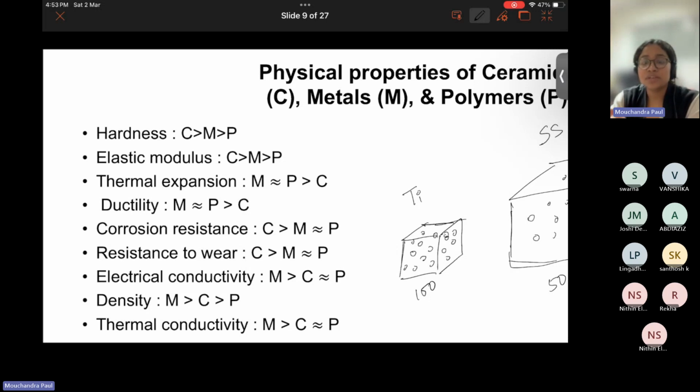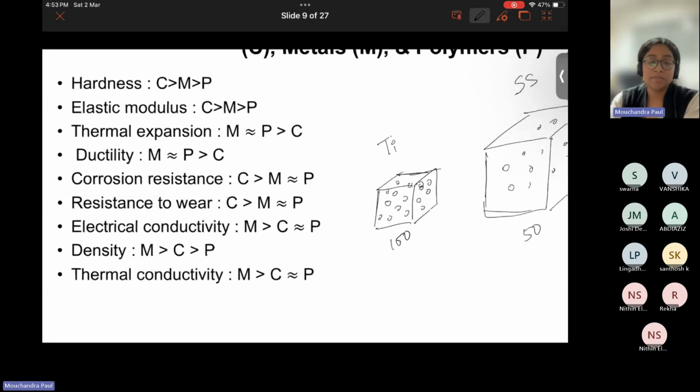Polymers can also increase their volume, and if the temperature increases beyond the transition temperature, they can start melting and turn into liquid. Then ductility: metals are very highly ductile, ceramics are not.